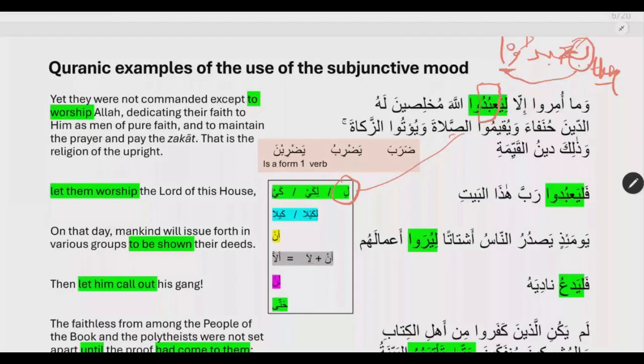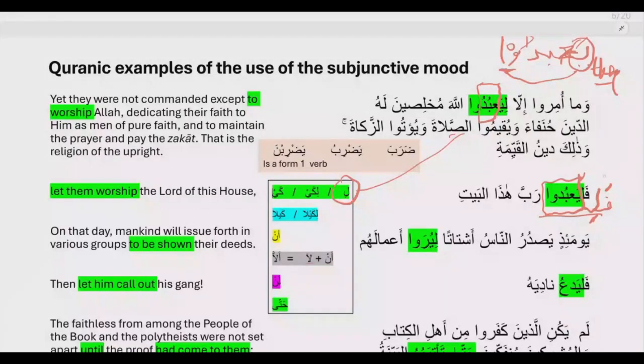Then we have another example, fa-l-ya'budu rabba hadhal bayt, from Surah Quraysh. Now this one has one little unique feature in that you can see ya'budu coming in again, like in the previous example. Ya'budu is the subjunctive verb. Then we have the li that comes in front and the fa that came in front of it. So actually it should have been fa li-ya'budu, but it's a bit difficult to read vowels like that.